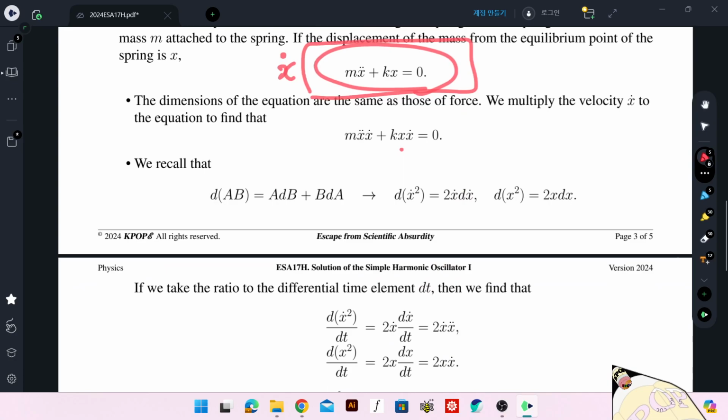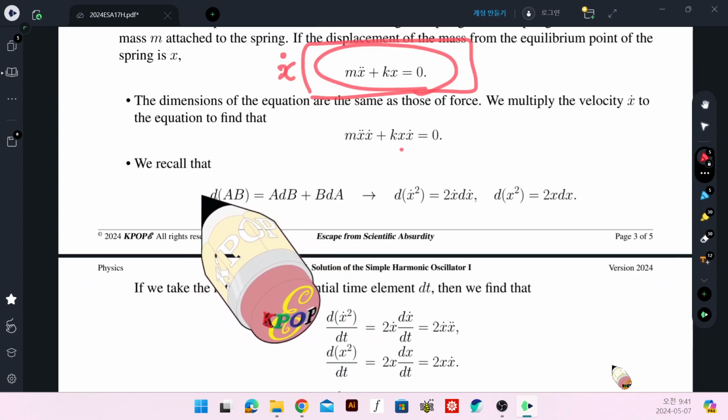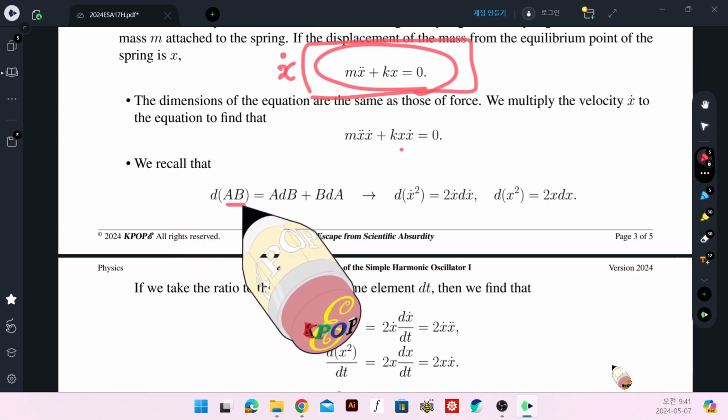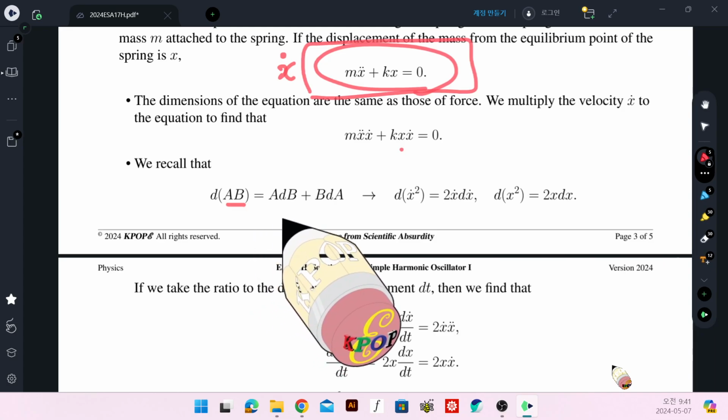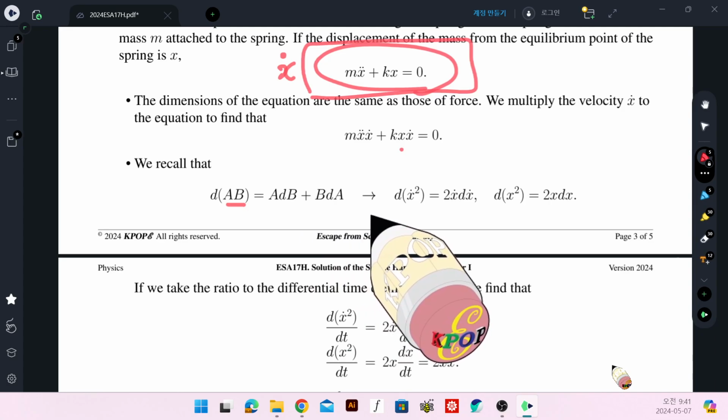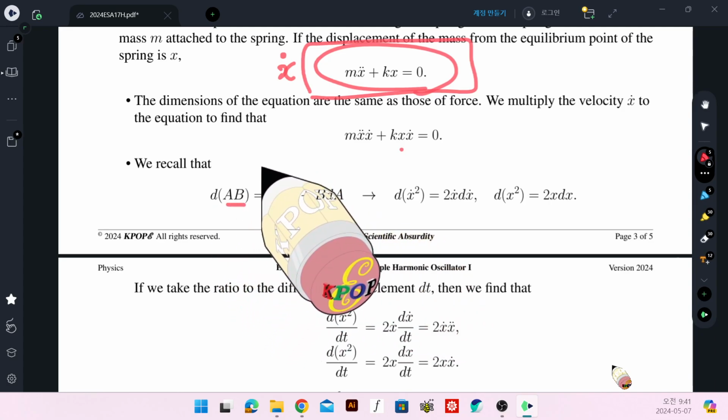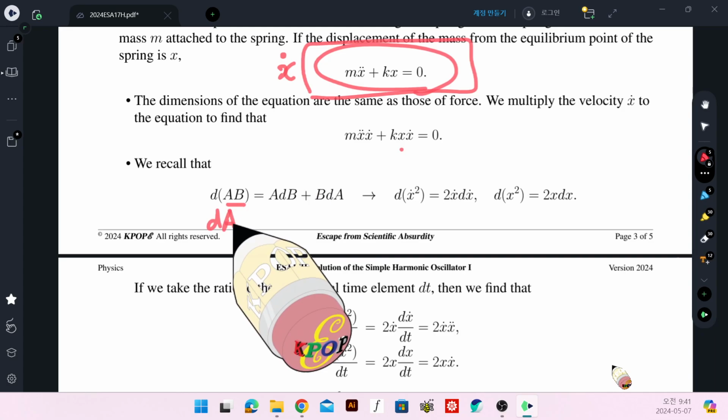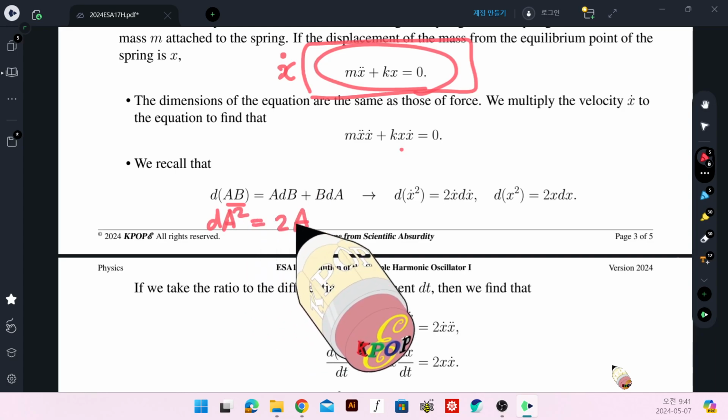We recall the Leibniz rule for the product: the differential of the product of A and B is AdB plus BdA. When A and B are the same, dA squared is 2AdA.